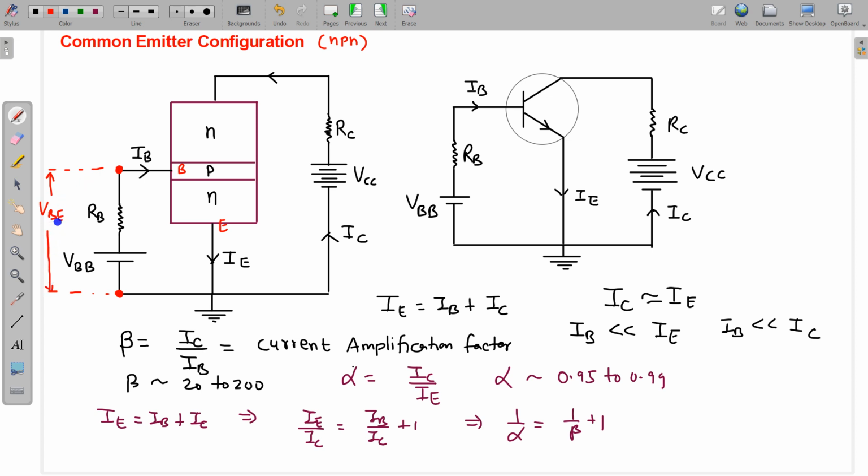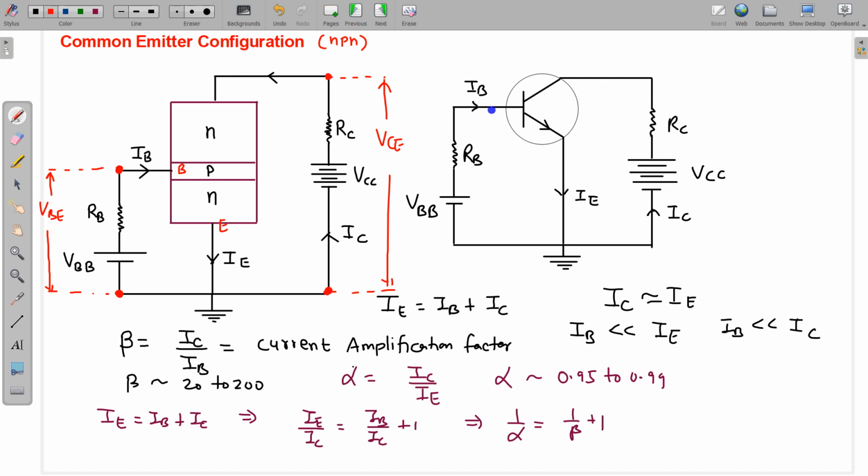Again, this battery is denoted by VBB because it is connected with the base. We follow this tradition. This is called VCC since it is connected with the collector. The potential difference between the collector and the emitter is denoted by VCE.